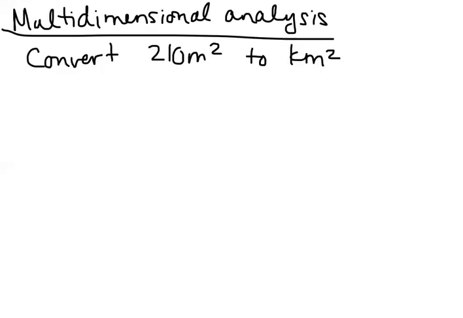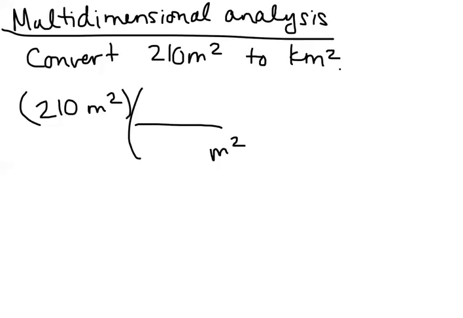Do you know the conversion from meters squared to kilometers squared? No, you don't. You know meters to kilometers, but you don't know meters squared to kilometers squared. So we do it this way. I'm going to put 210 meters squared. I'm going to start with that. So what goes on the bottom? Meters squared. And what goes on the top? Kilometers squared. We're trying to get into kilometers.